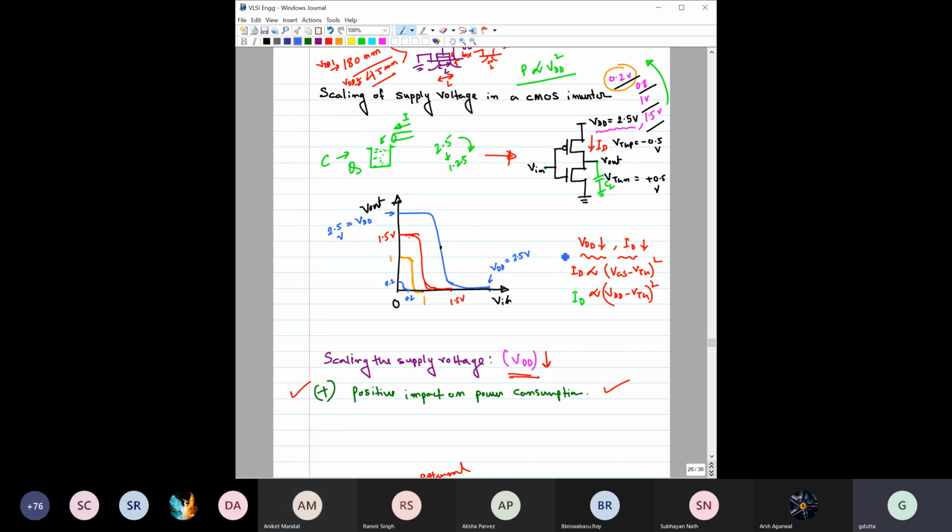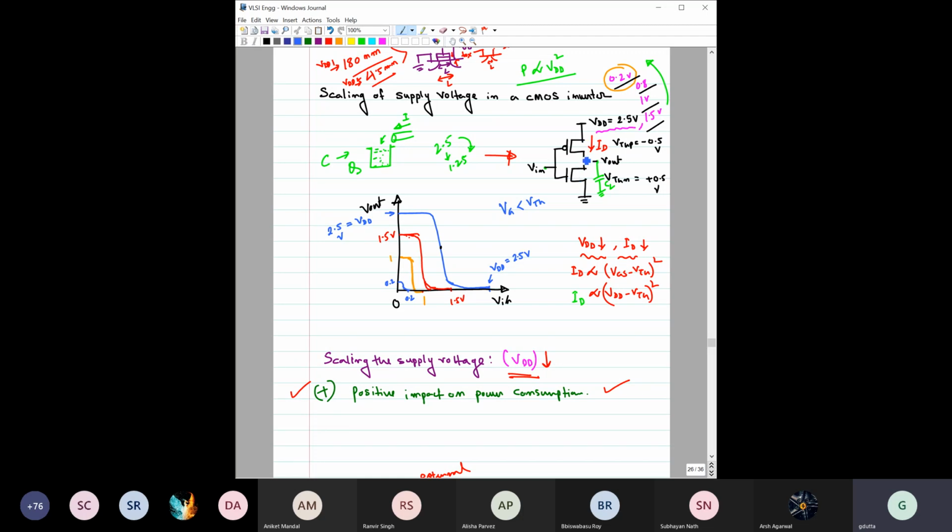Yes. So here our assumption is that if the gate voltage is less than the threshold voltage of the MOSFET, whether NMOS or PMOS, then the transistor is never on and the current is zero. But that is not the correct thing. We will see it today, because even when the gate voltage is below the threshold voltage, this transistor does conduct. There is some current called the subthreshold current, which will still be flowing.